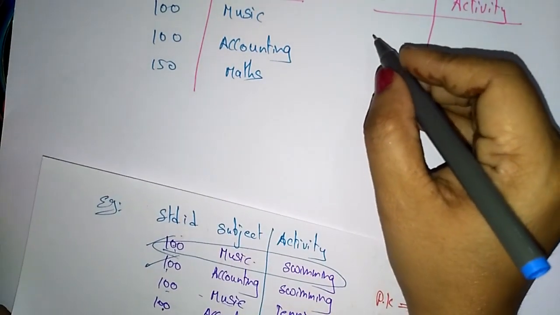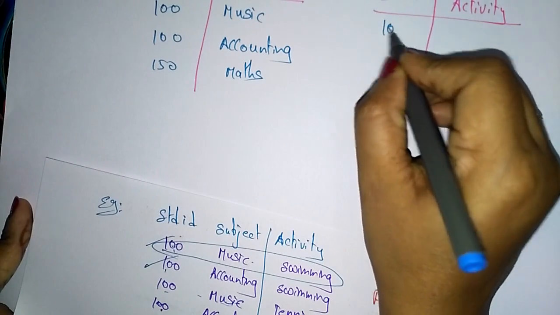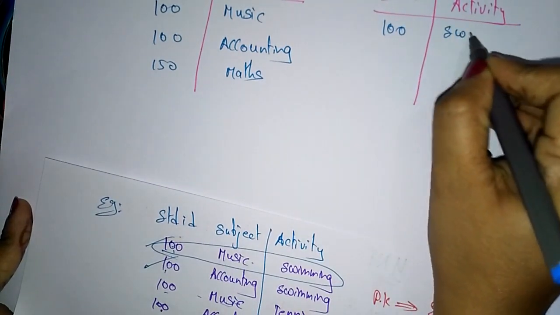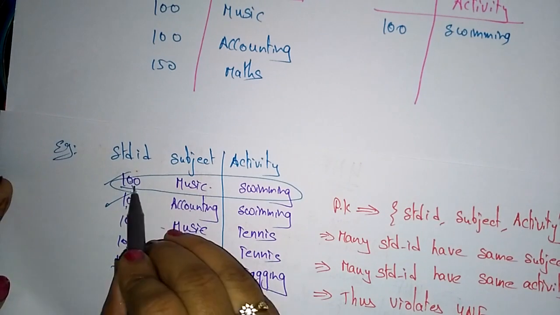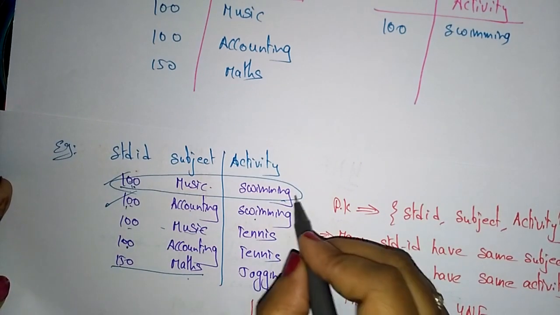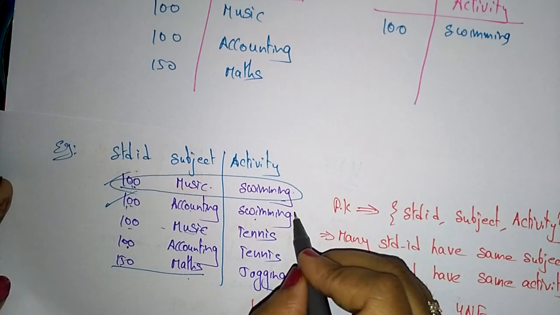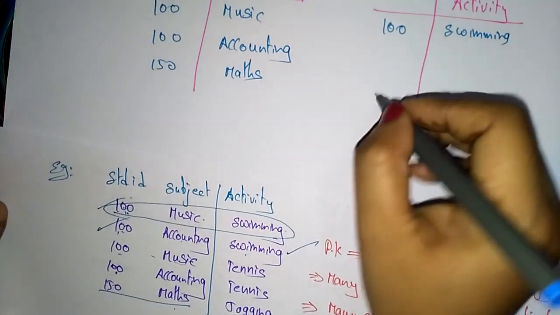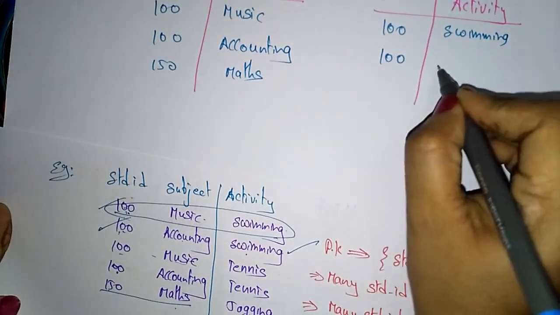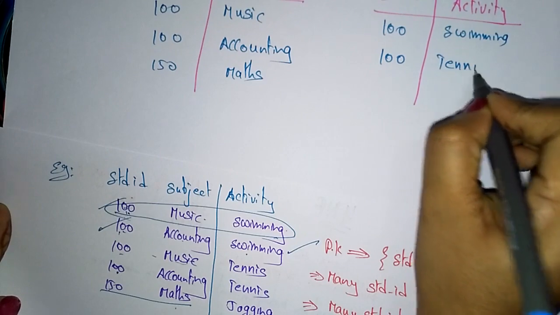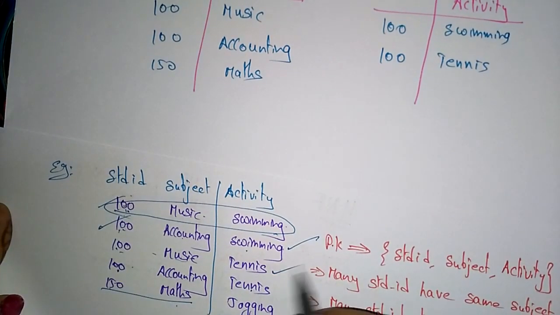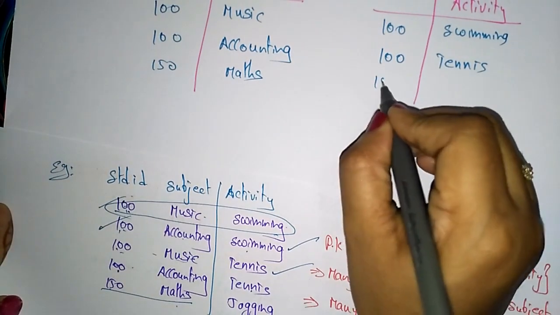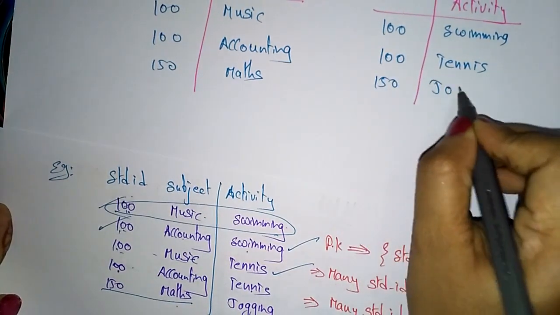Coming to the next table: 100 swimming, just one tuple instead of two. 100 tennis, just one tuple, and 150 is jogging.